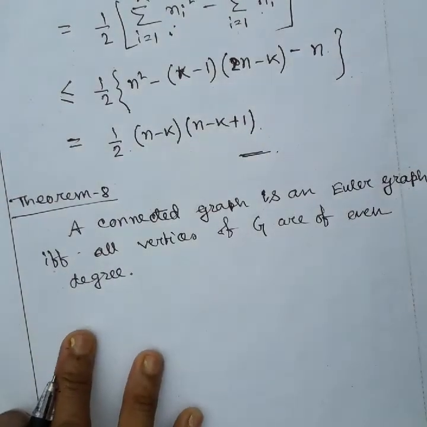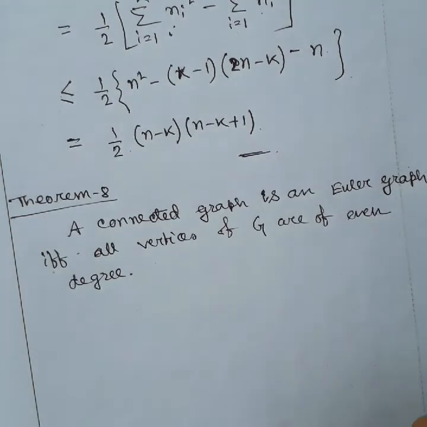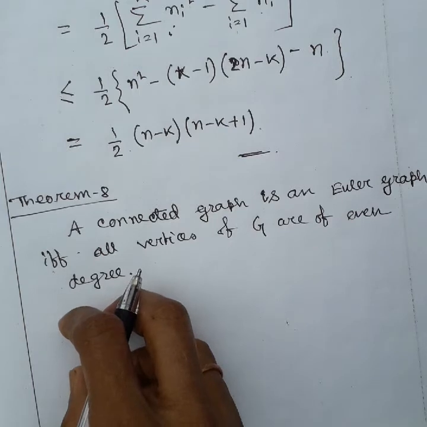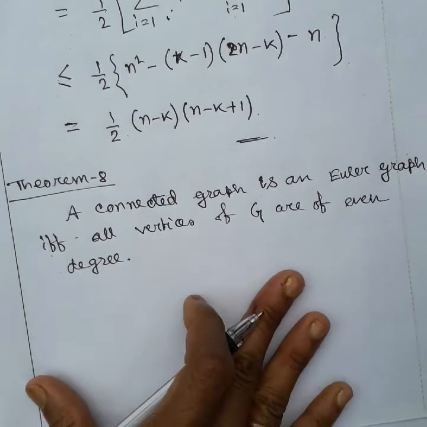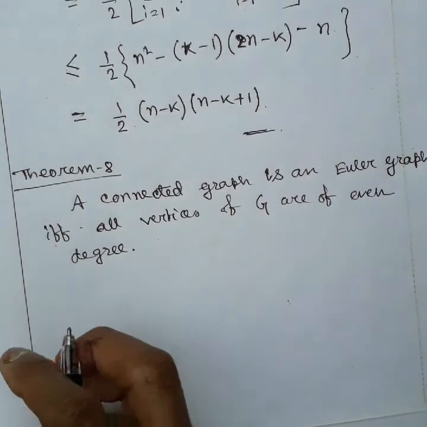So a connected graph is an Euler graph if all the vertices are of even degree. Okay, this is not in your syllabus, so this proof is not in your syllabus. You only need to remember the statement.